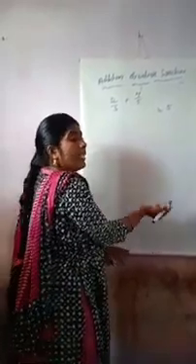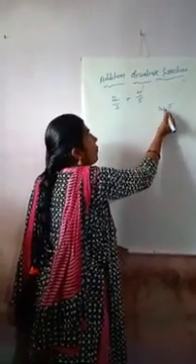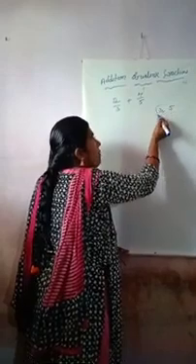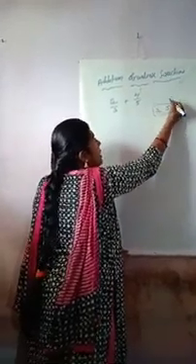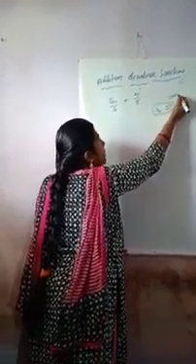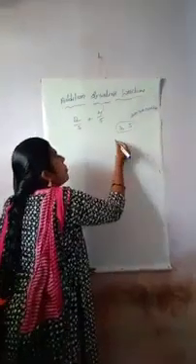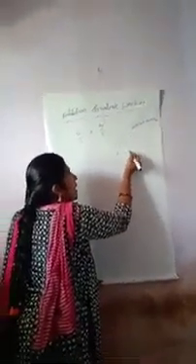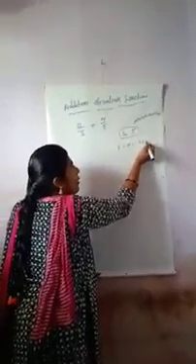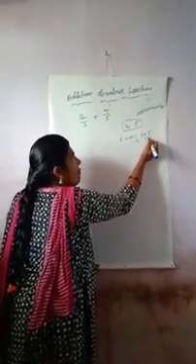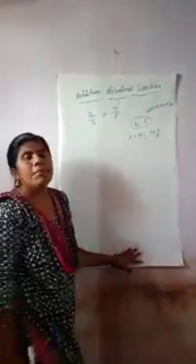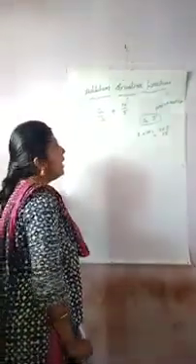How to get the LCM? 3 and 5 are prime numbers. So the LCM is 3 into 5. How much is 3 into 5? 15. The LCM is 15. Okay.